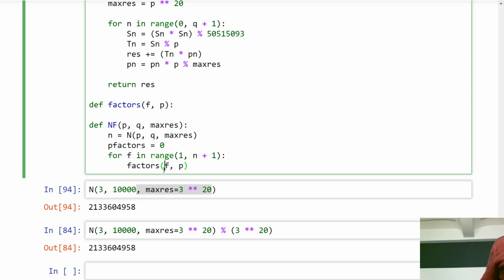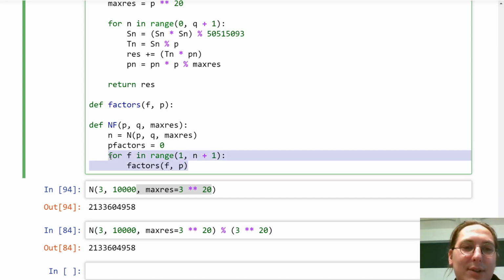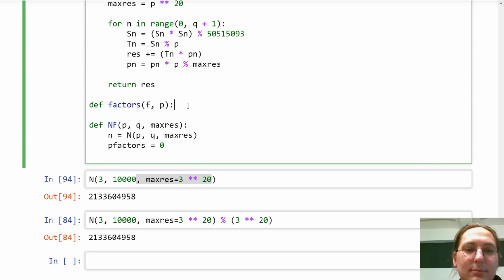Okay. Get rid of this. Factors, just make one recursive function. f comma p is alright. No, don't use the n. N is already a variable in the calling.